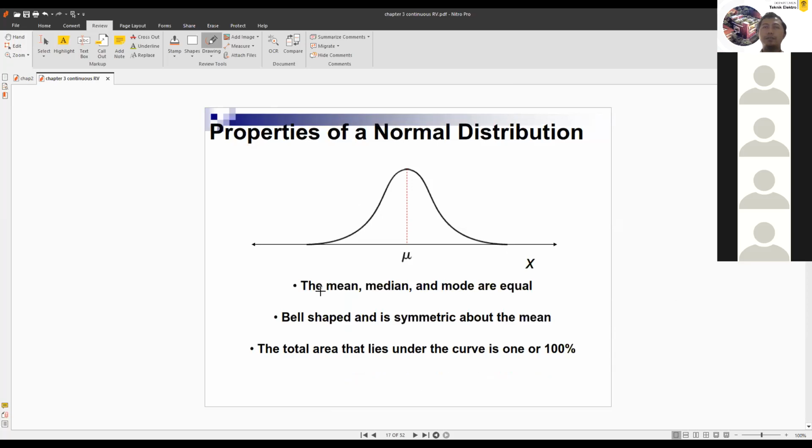Several things that we can derive from the normal distributions. First, mean, median, and mode are equal. This is the mean, this is the mode, this is also the median.